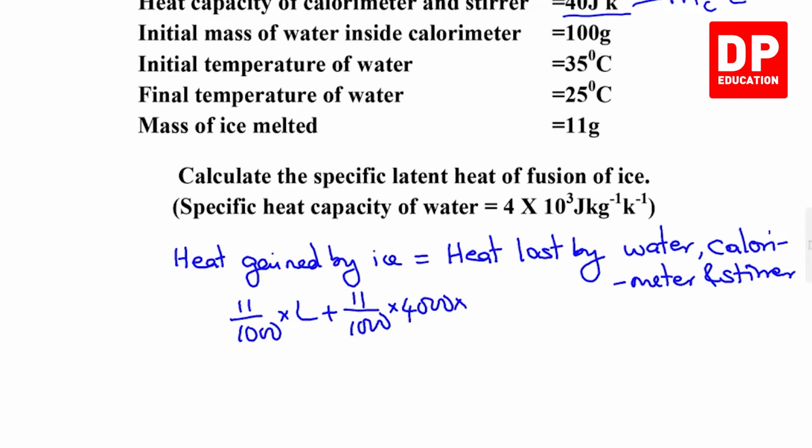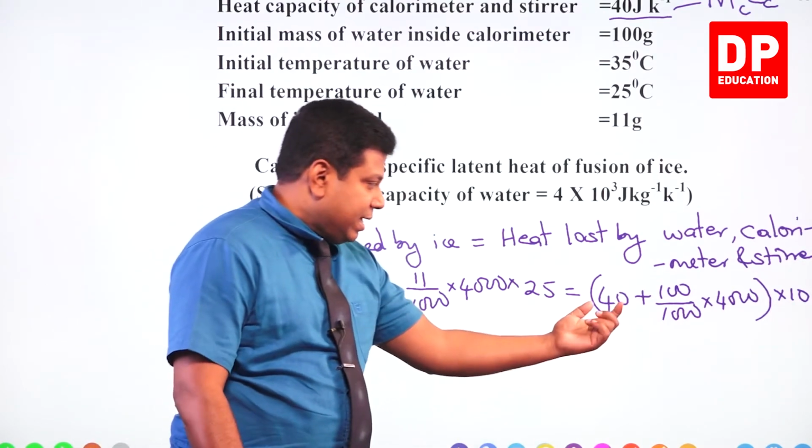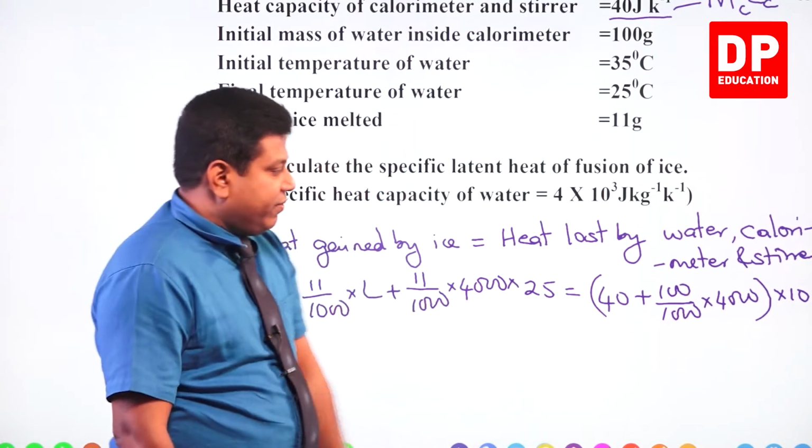Theta from 0: the ice cube at 0, when it melted, water at 0 has gone up to 25 degrees. Then calorimeter MC itself is 40, and initial mass of water 100 grams, C 4000. These two have come down from 35 to 25, 10 degrees. Careful: this is MC itself, both multiplied together they have given.